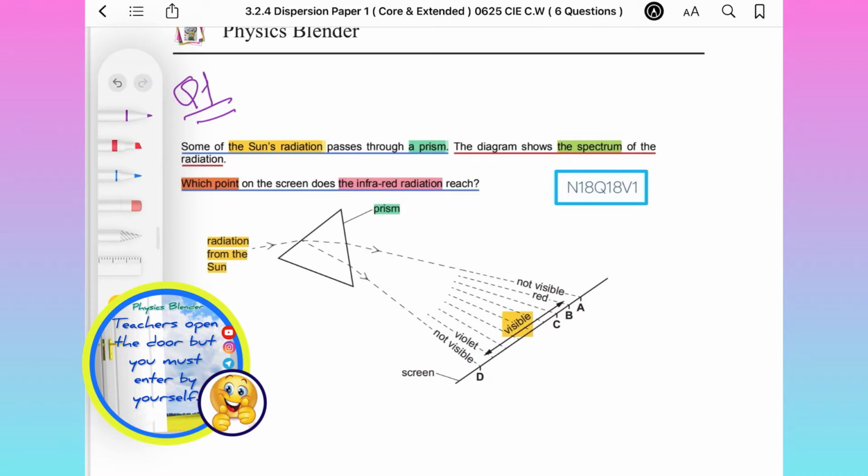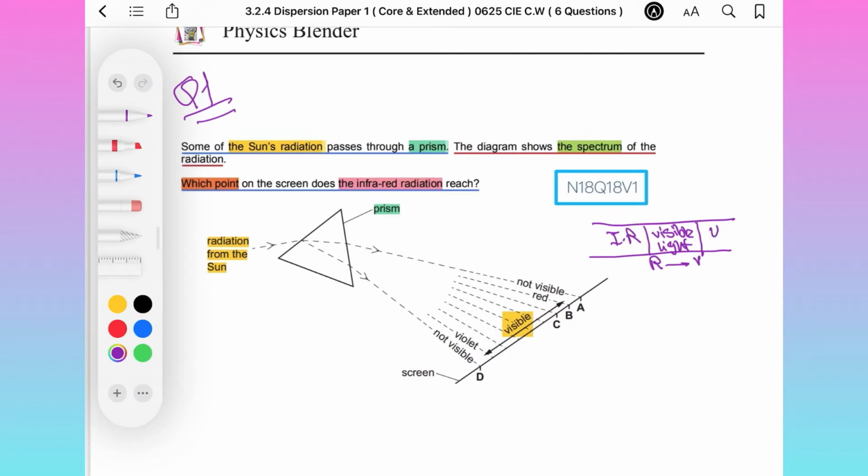You know that if you have the electromagnetic waves spectrum, you have the segment for visible light, which includes from red light ray to violet. Here you have the infrared and here ultraviolet. So infrared and ultraviolet, they are invisible.